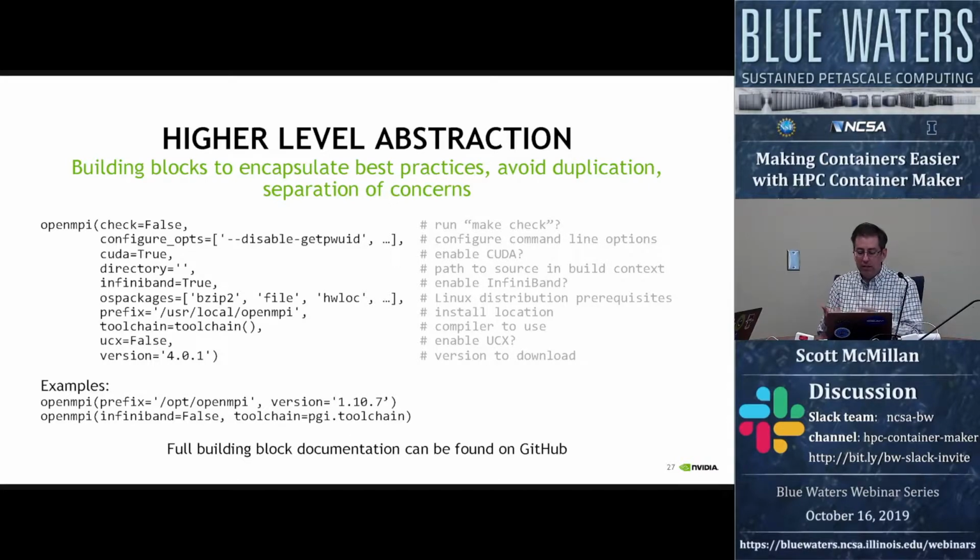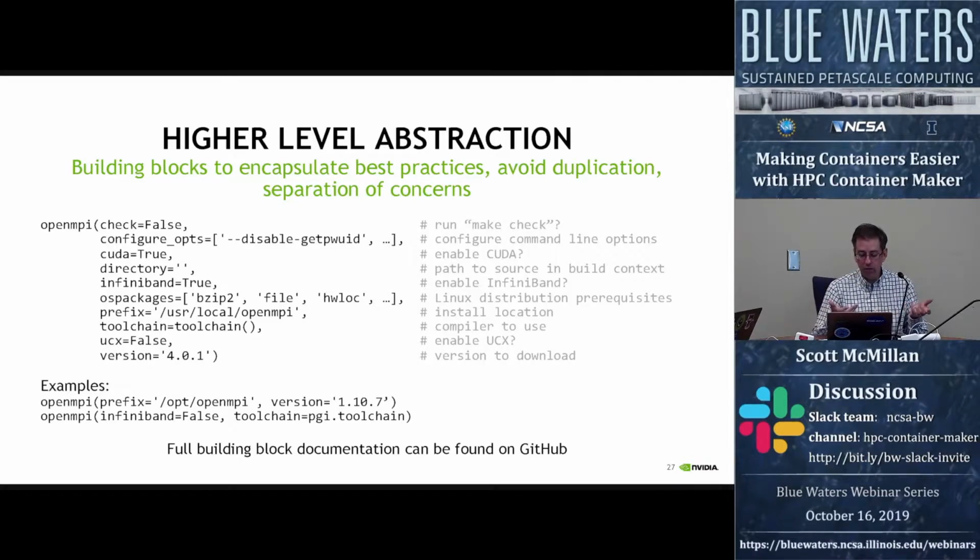So all of these building blocks have lots of configuration options. So you can interact with them at a higher level. Here I'm showing actually just a subset. There's more than what I'm showing here. But you can do things like change the configure options, enable or disable things like CUDA or InfiniBand or UCX just with simple flags, change where it's installed with a prefix, change the OS packages that get installed as dependencies, and change the version.